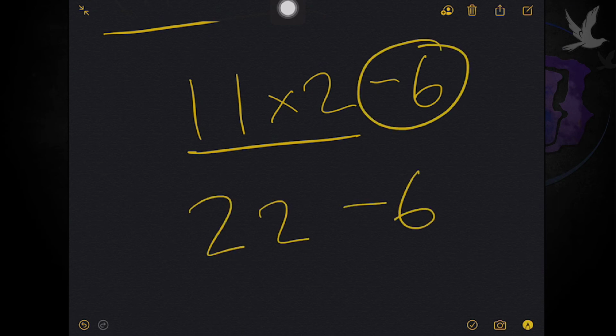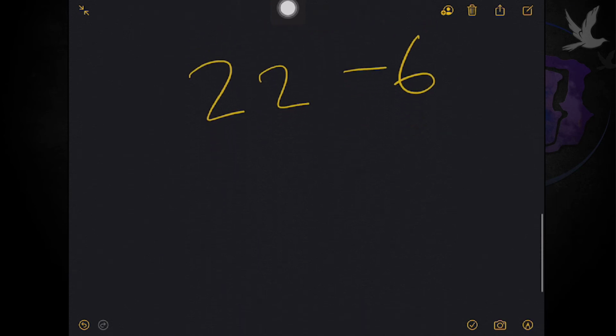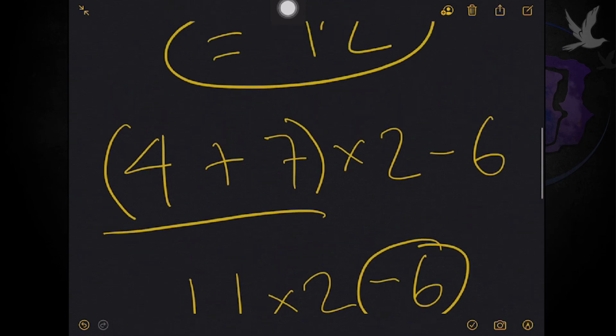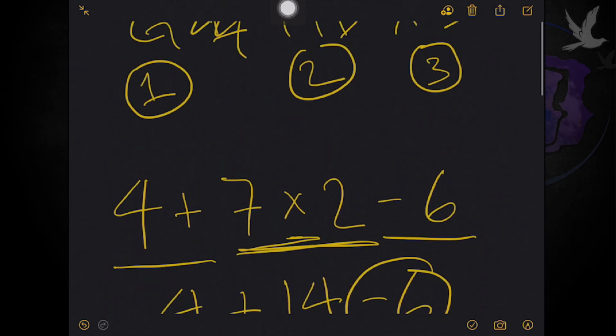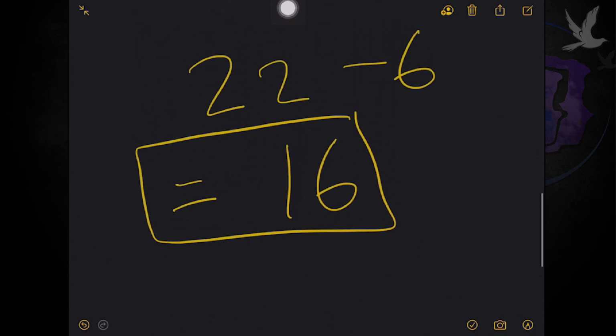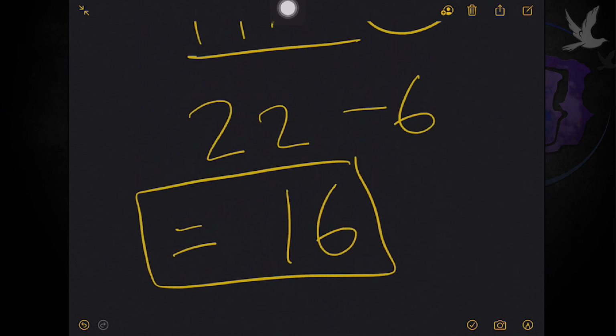Rewriting this. Syempre, it's very important nga to rewrite. 22 minus 6 is equivalent to 16. Okay. So, showing these examples, if you notice, magkaiba nga. So this is how you do the G.E.M.D.A.S process of solving an equation.